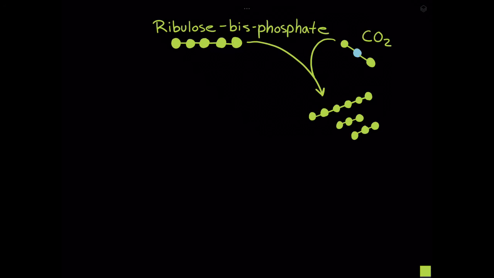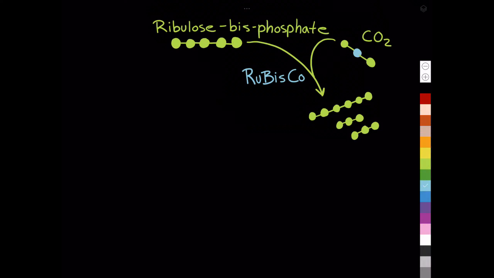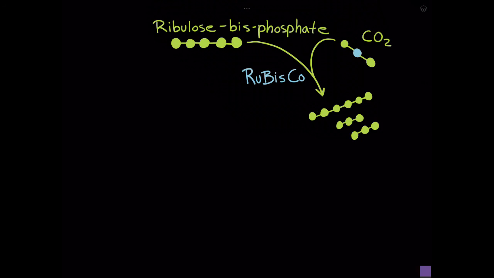Now, even though those are 3-carbon molecules, just like glyceraldehyde 3-phosphate, they have a slightly different structure. Alright, and the only enzyme that I'm going to talk about is rubisco, which is responsible for this whole process, the whole carbon fixation phase. You're fixing one carbon from CO2 onto ribulose bisphosphate.